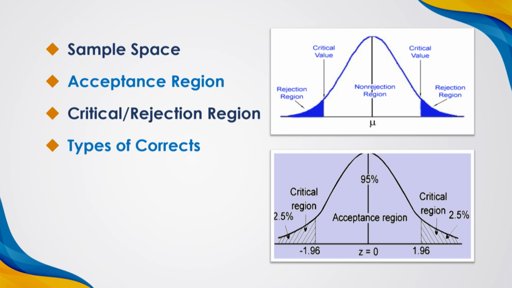As I mentioned, there are two types of correct decisions: accepting the truth and rejecting the false. There are also two types of errors: accepting the false and rejecting the truth. Now, what is power?